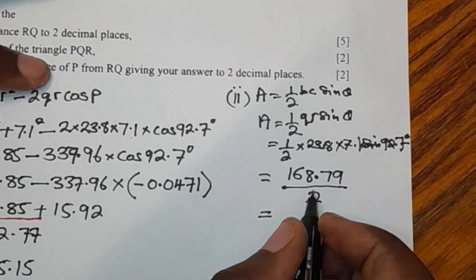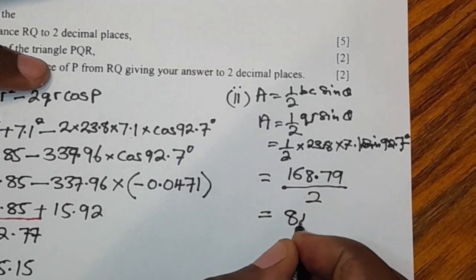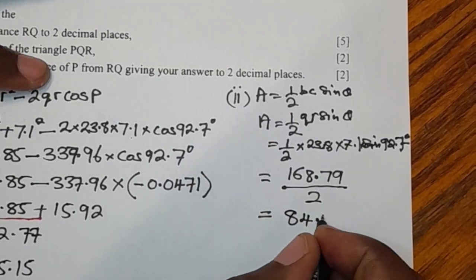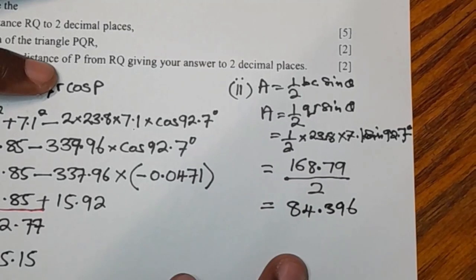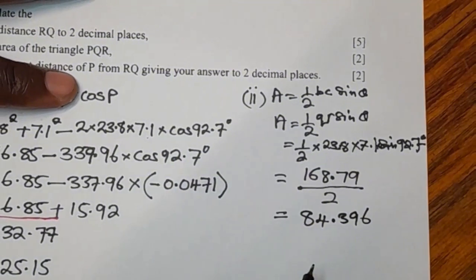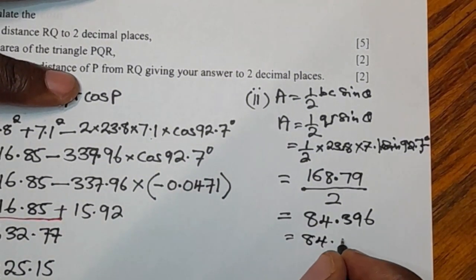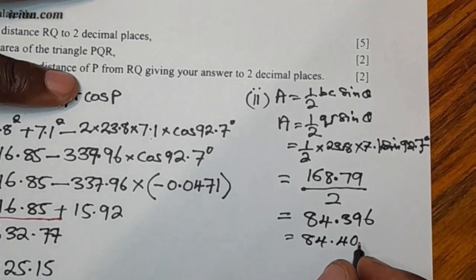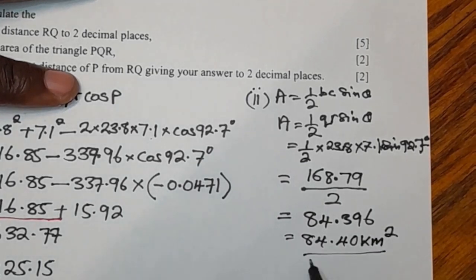If you divide this by 2, you have 84.396. Now, correct to 2 decimal places, we will have 84.40. And because this is area, we're going to say kilometer squared. So this is the area.